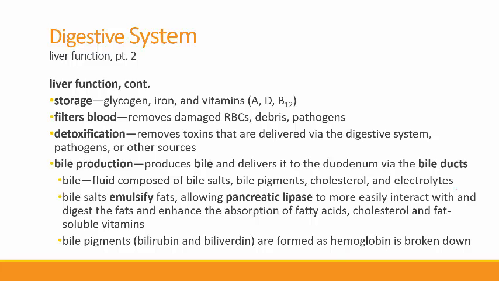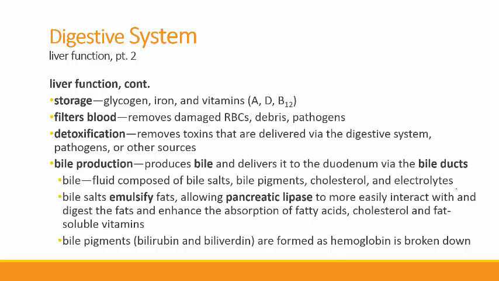It also filters blood in the same way that the spleen does some blood filtration. The liver can remove damaged red blood cells, cellular debris, and pathogens, because there are resident lymphocytes that make their home in the liver. It can do detoxification, and this is because liver hepatocytes have relatively large smooth endoplasmic reticulum.